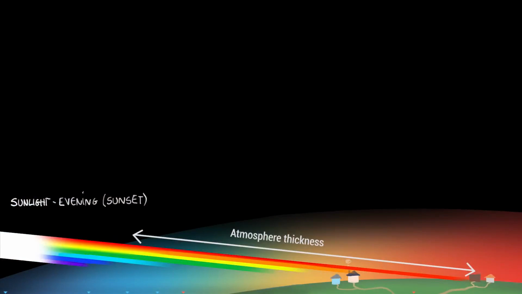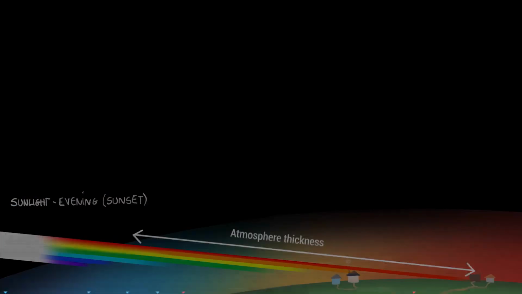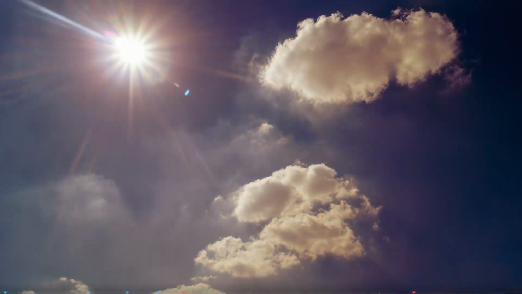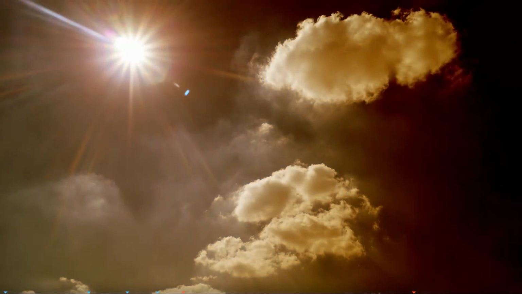For example, if we had a really, really thick atmosphere all the time, then less of the blue light might be able to make it to our eyes. So even during daytime, we would see the sky as a much darker color, maybe something closer to green, or even a dark orange if the atmosphere is really thick.